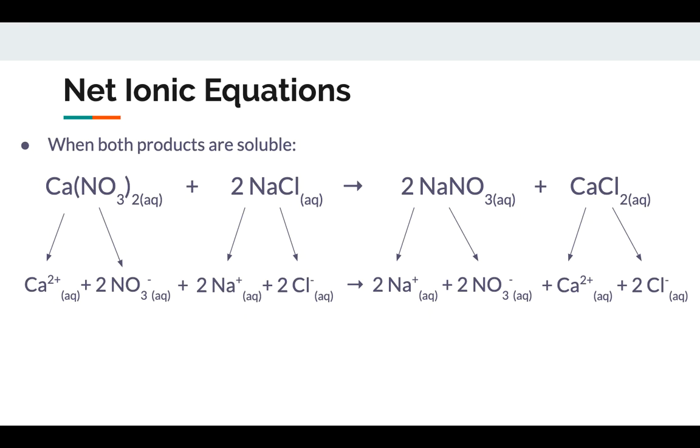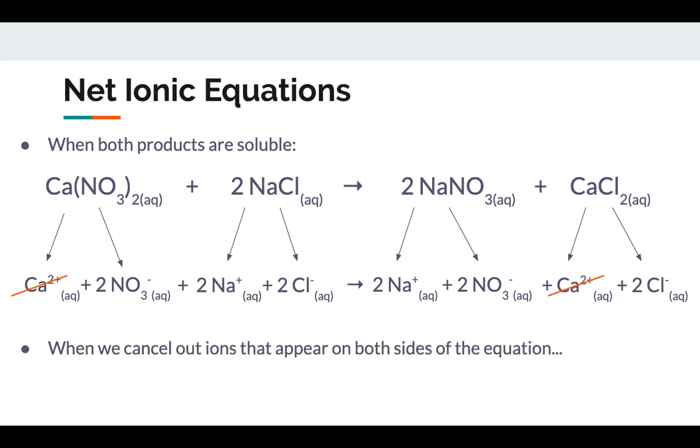Then we start canceling things out that appear on both sides of the equation. We cancel out the calcium, the nitrate, the sodium, the chloride, and there's nothing left. Everything's gone, which means no reaction actually occurred. So this, again, is another way to look at a double displacement reaction and see that when no precipitate is formed, there is no reaction that has occurred.